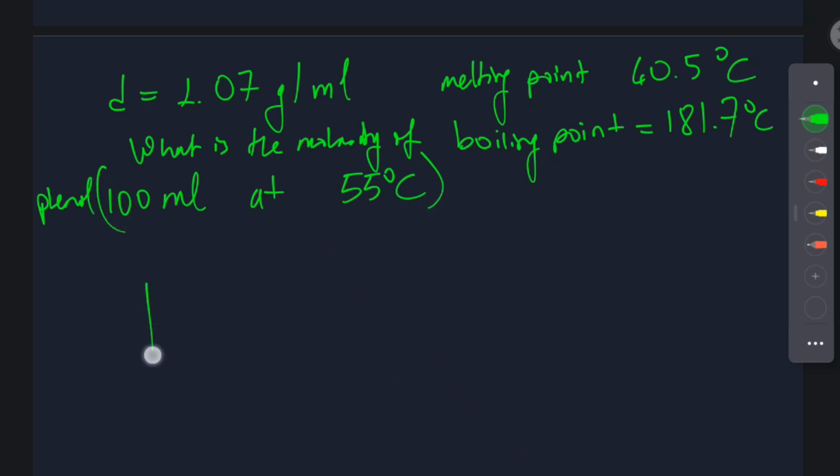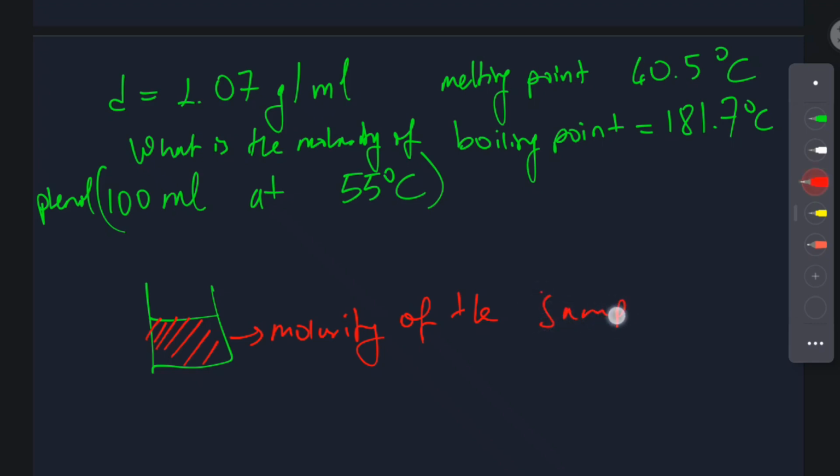So we have 100 milliliter of phenol in a beaker, and we wonder about the molarity of the sample. How can we calculate it?